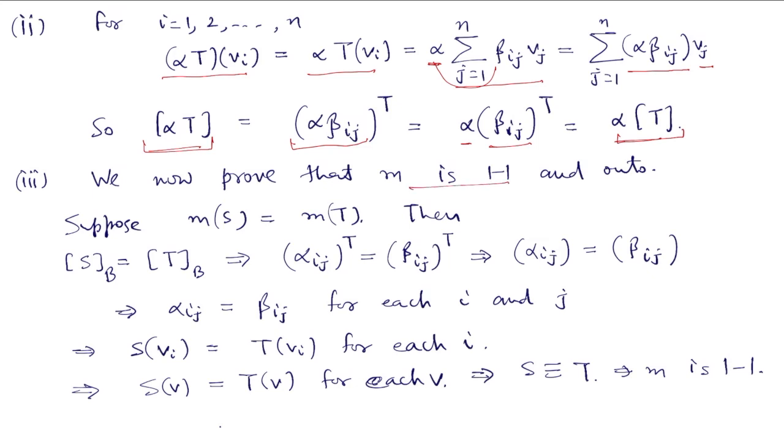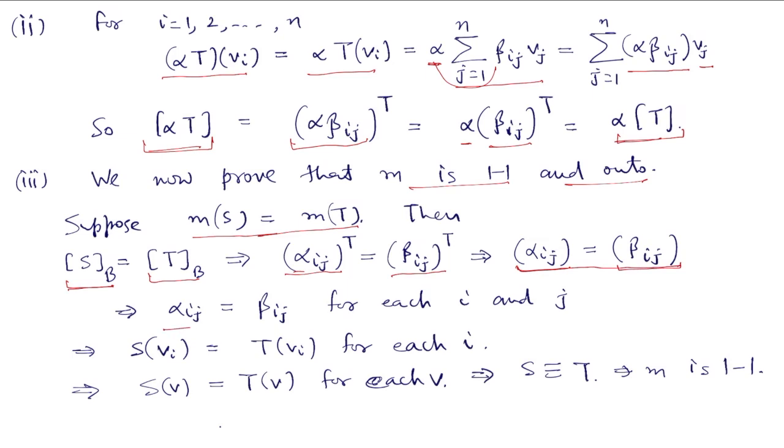We now prove that m is one-one and onto. First we show that this is one-one. For this, suppose m(S) is equal to m(T), then the matrix of S is equal to the matrix of T. The matrix of S is (αij) transpose and the matrix of T is (βij) transpose. This will give us that the matrix (αij) is the same as the matrix (βij). Two matrices are equal if their corresponding entries are equal.